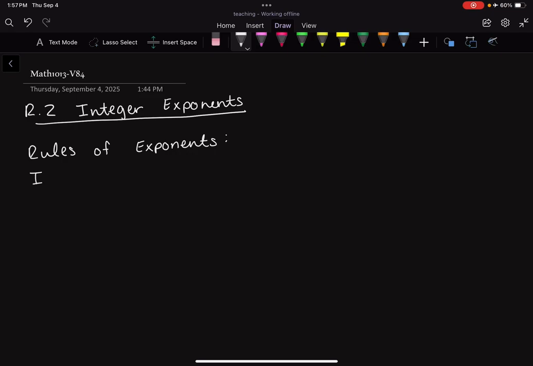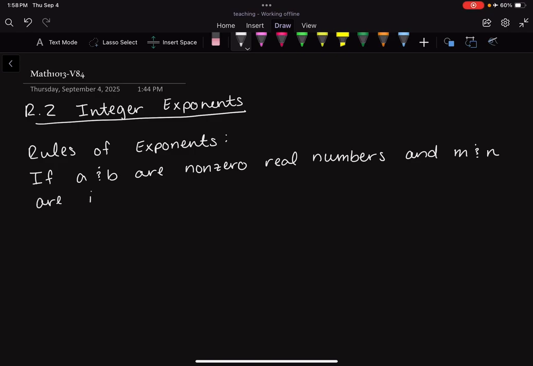The first part is if A and B are non-zero real numbers, and M and N are integers, then, and we'll see some rules happen.